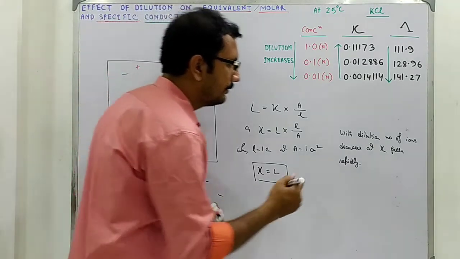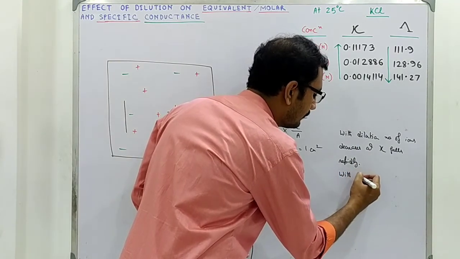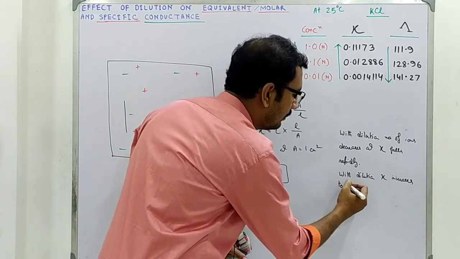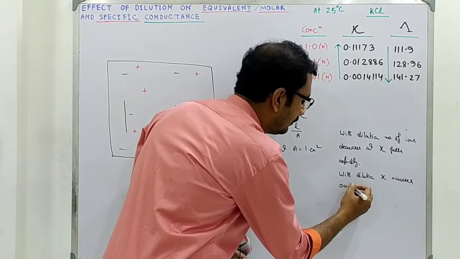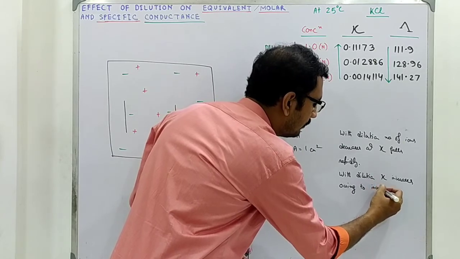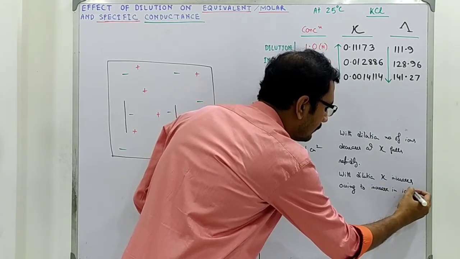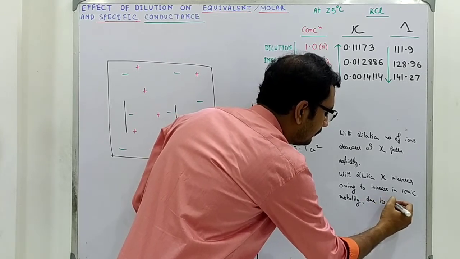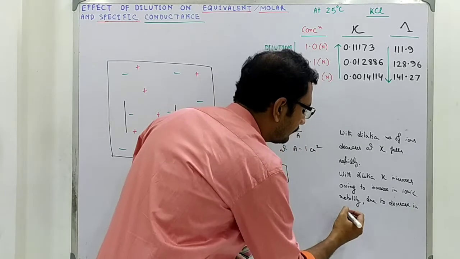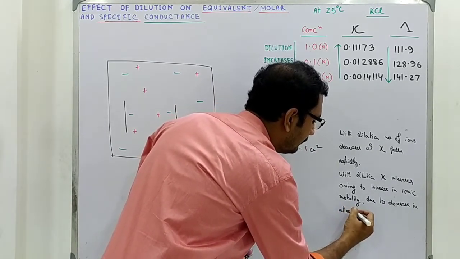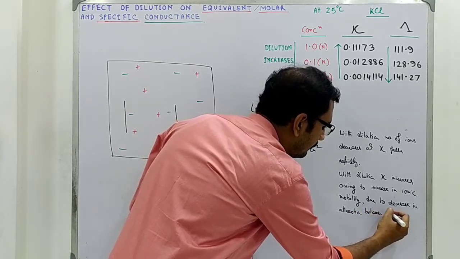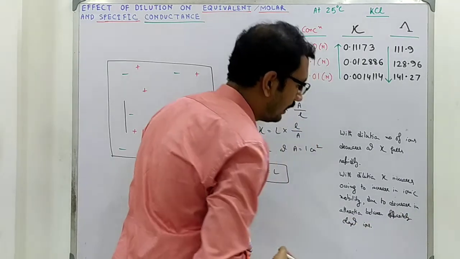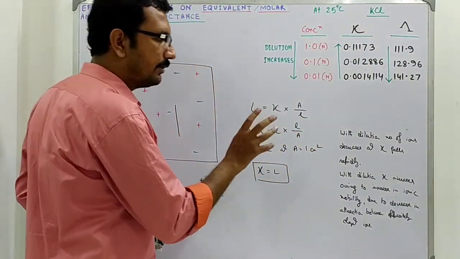So, with dilution, kappa increases owing to increase in ionic mobility due to decrease in attraction between oppositely charged ions. So, we have two contributing factors.